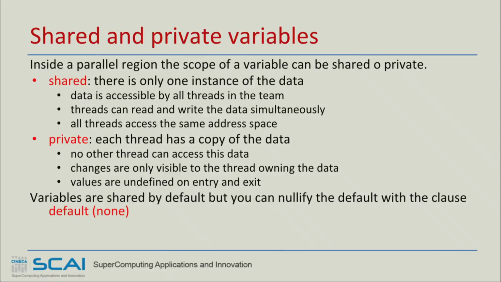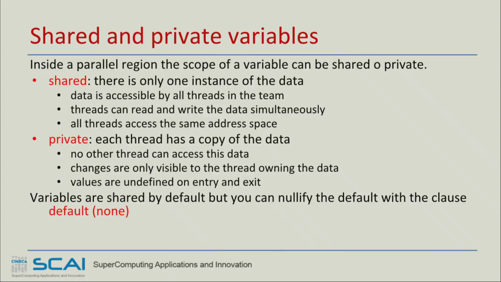For shared variables, of course, there is only one instance of the data. You remember the cloud, that is the shared memory, and then you have all the private ones. In the shared scope, there is only one instance of the data that is accessible by all the threads.